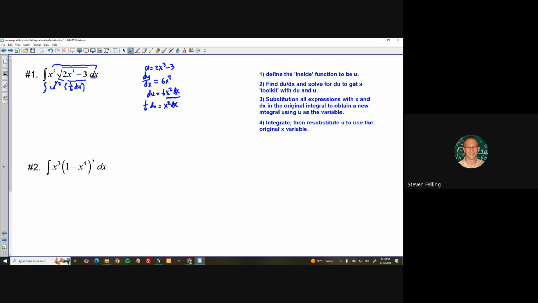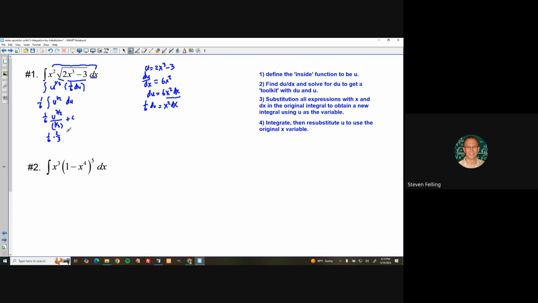Right, now at this point, everything has been changed from the letter x to the letter u. And so I should be able to hopefully integrate this just using integral shortcuts. So I'll take the 1/6 outside, and then we'll do the integral. So now we can use the power rule here. This is 1/6 still. We're going to add 1, so 1/2 plus 1 is 1.5, or 3/2, divided by 3/2, plus our integration constant, which I can write as 1/6 times 2/3.